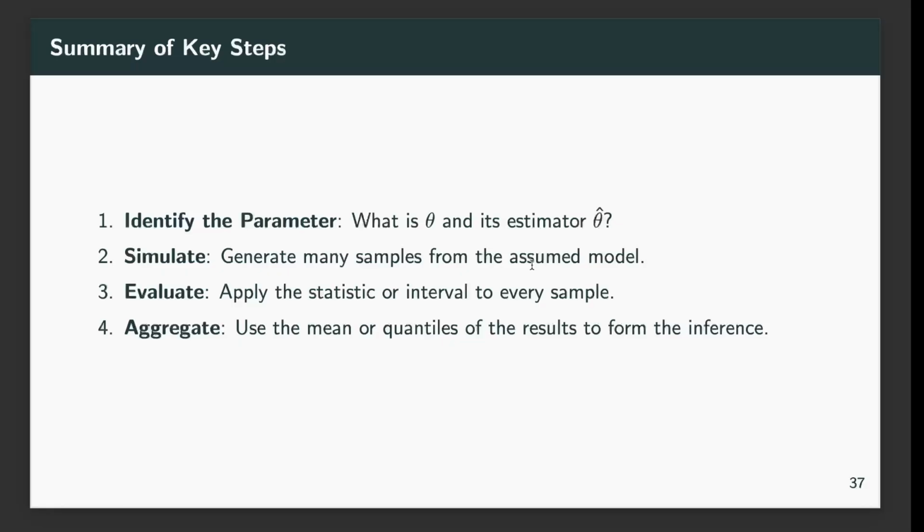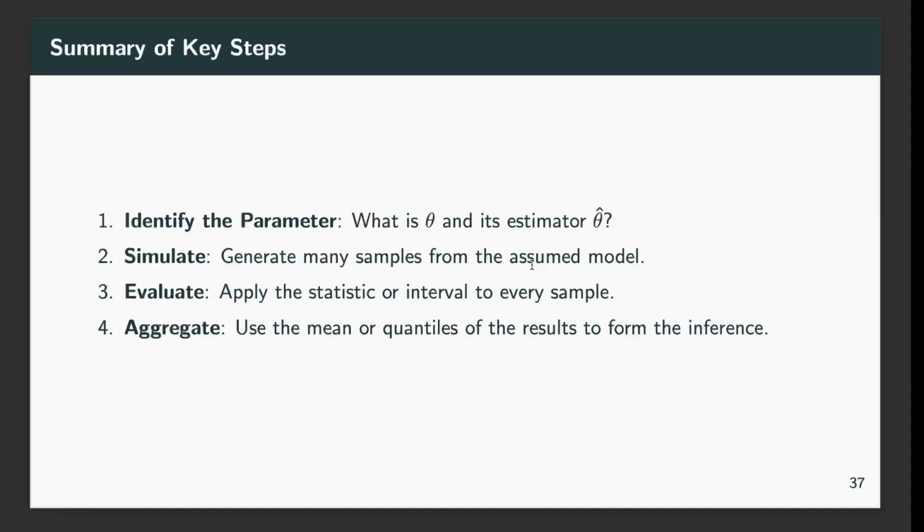The clarity will prevent confusion as you move along. Number two is simulation, which is the algorithm. First, we generate many samples, usually with m equal to 10,000 or 1,000, from the assumed model. This requires you to specify the data generating distribution, and then we use the random number generation function.